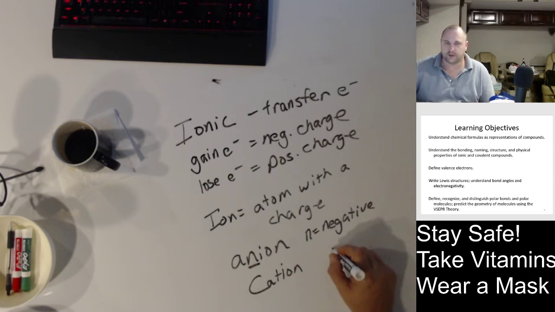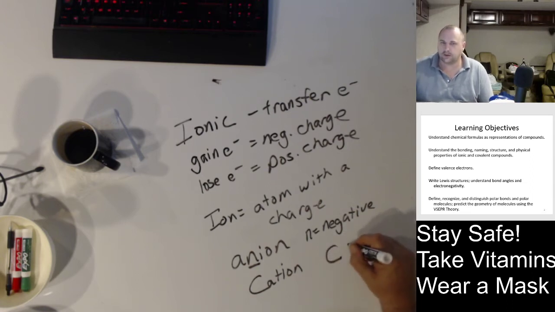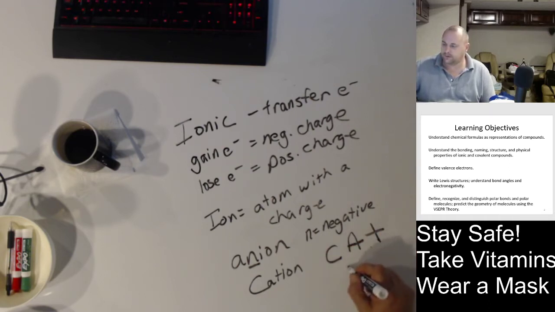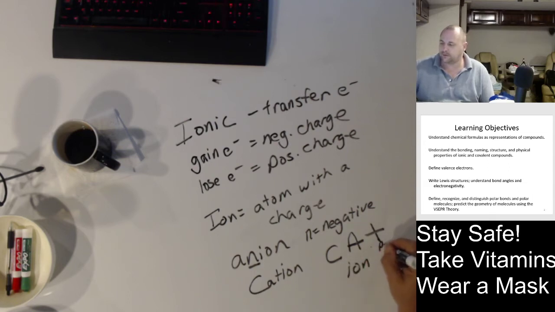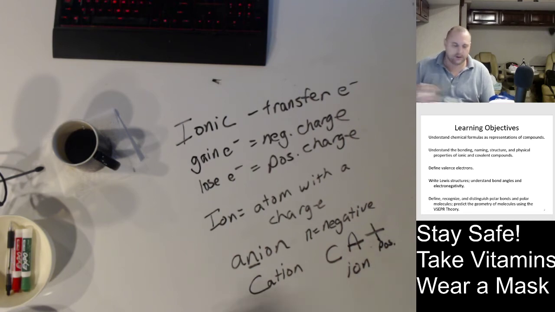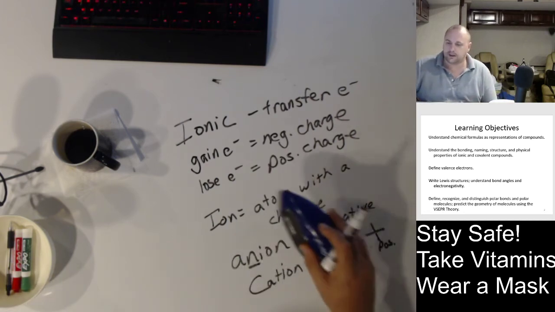Man, I wish I'd known this when I was a student. You see a positive, turn that T into a positive ion. You see a positive ion. Positive ion. All right. Easy enough.